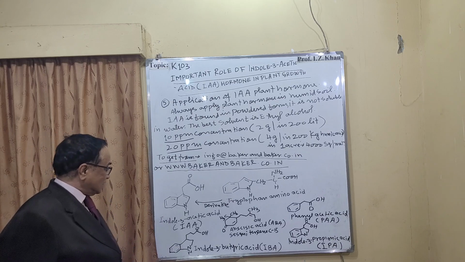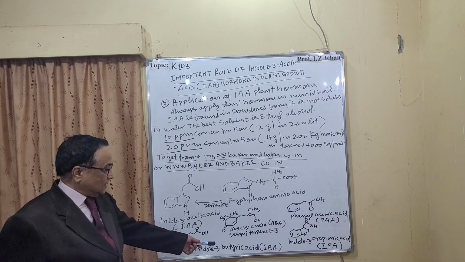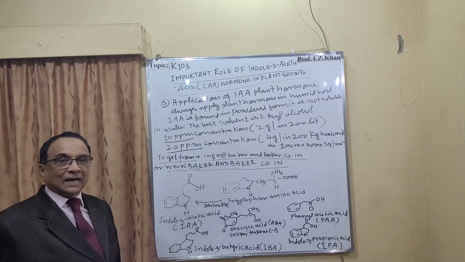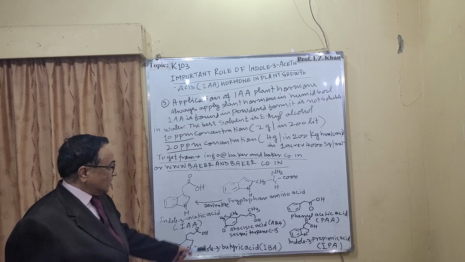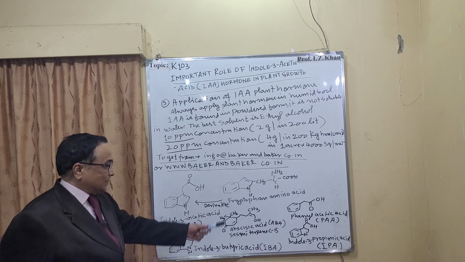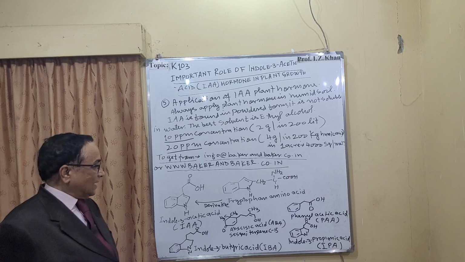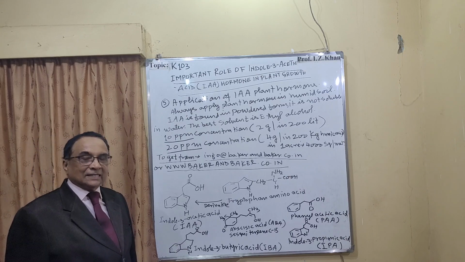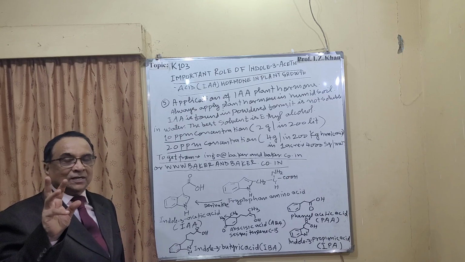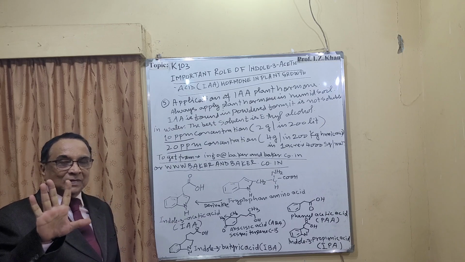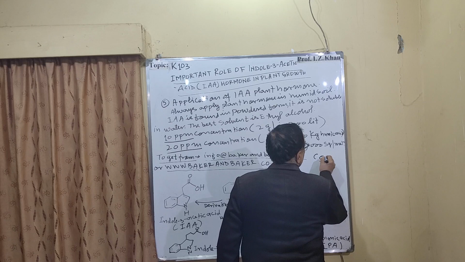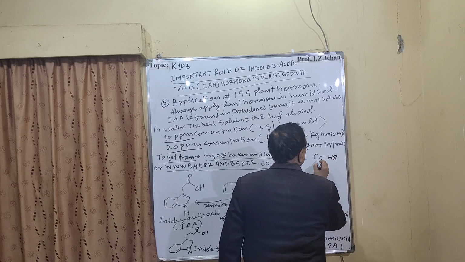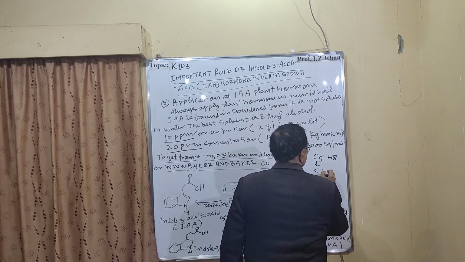The other one is indole 3 butyric acid, called IBA hormone. And the other one is abscisic acid, which is actually a sesquiterpene. Sesquiterpene means isoprene units, 5 carbons, C5H8. Three such units are there, so it becomes C15.